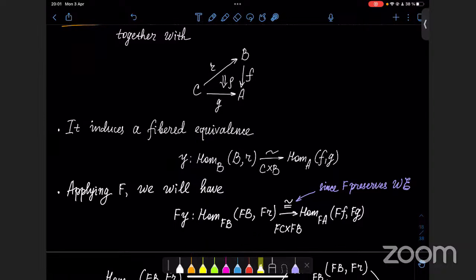and we can apply this functor F to this fibered equivalence, and use the fact that F preserves pullbacks. So you know that these guys are pullbacks, and cosmological functors should preserve pullbacks. And moreover, F preserves the notion of being a weak equivalence, and in this case, you have the following equivalence.